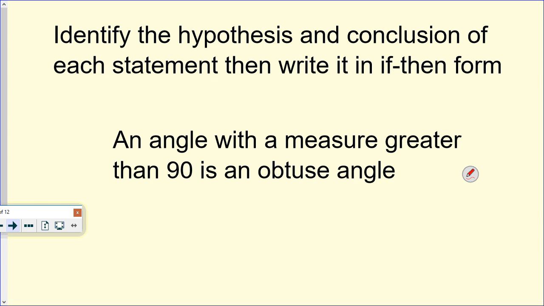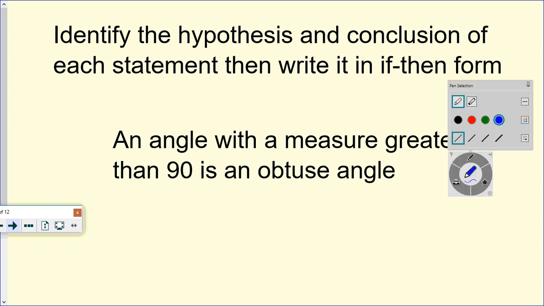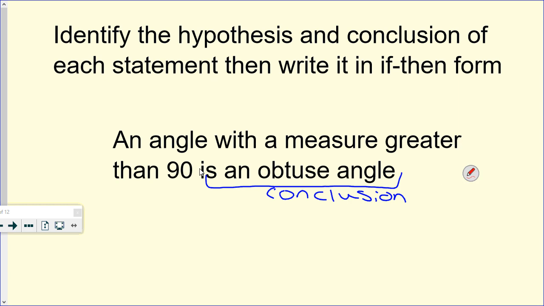Does anybody see anything that we've defined that would be a vocab word? Mark. Obtuse angle would be our conclusion. That is what we're defining. We're defining what an obtuse angle would be.